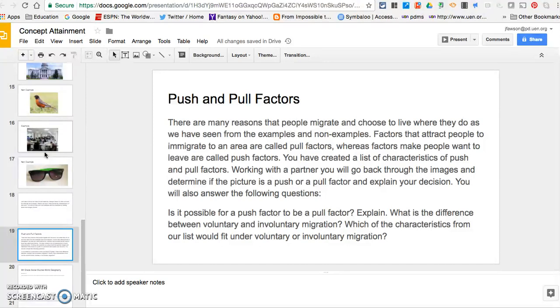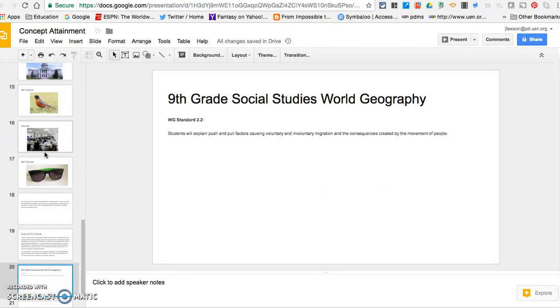Because that's really where we want to get to, is push and pull factors, and then ultimately migration, forced or voluntary. And this goes with the 9th grade social studies core in the World Geography Standard 2.2, which is students will explain push and pull factors causing voluntary and involuntary migration, the consequence created by the movement of people, which is eventually where we would get to with this.